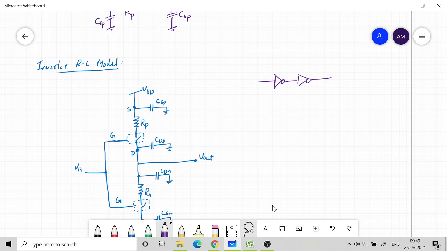Then the input of this second inverter will have some gate capacitance, because we are connecting basically to the gate of the NMOS and PMOS. So even if the inverter is very close by, and we can neglect in that case the capacitance of the wire, the transmission line we call it. So this is called the transmission line.